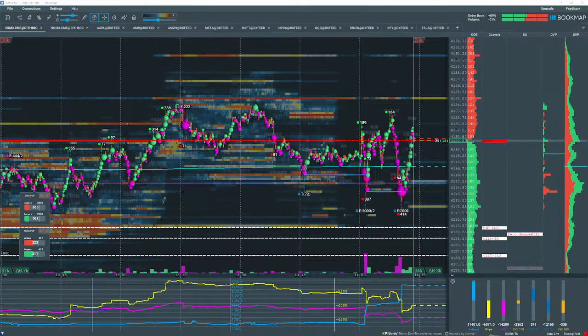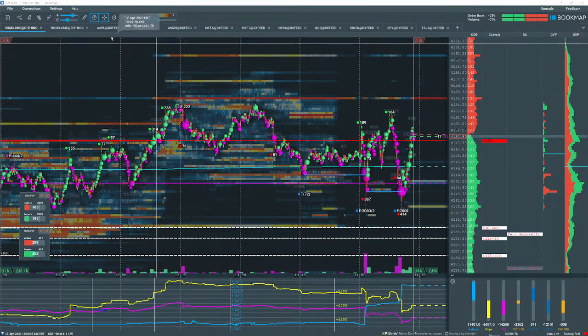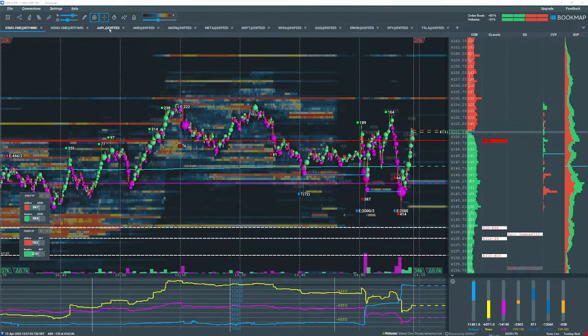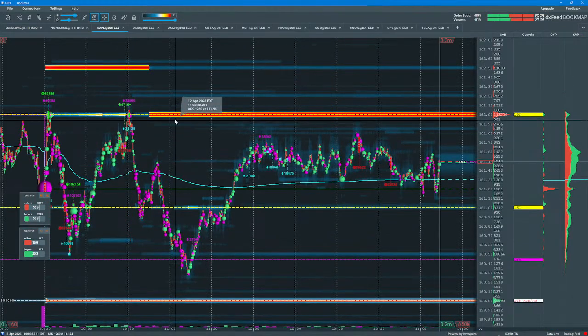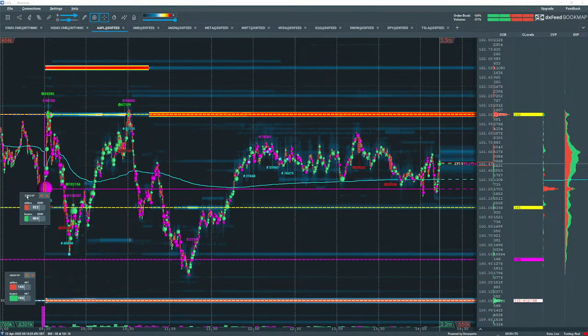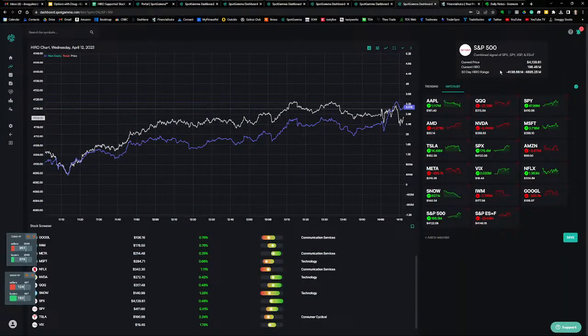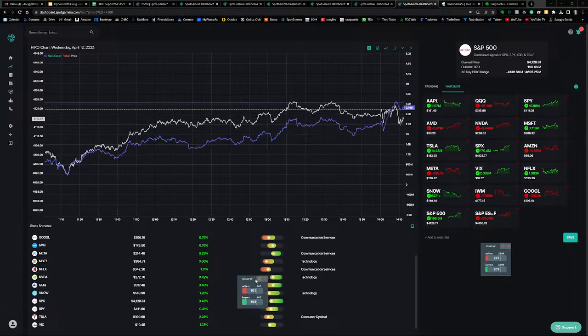All right, let's take a look at some other stock setups. First, let's go to Apple. Move this out of the way. Not a lot of range in Apple. Let's take a look at Hero for Apple. Actually, I'm just going to see if we can get this to a spot on the chart where it's not necessarily in the way.